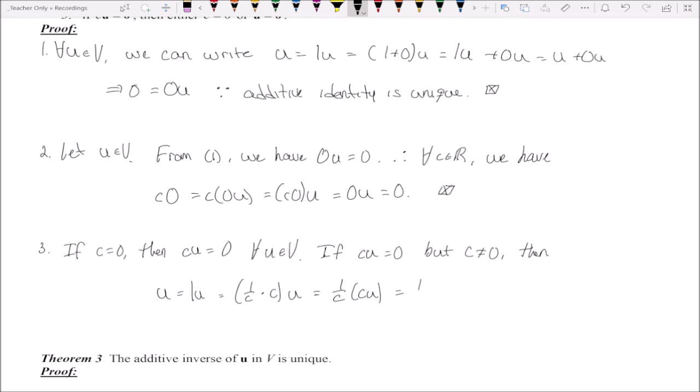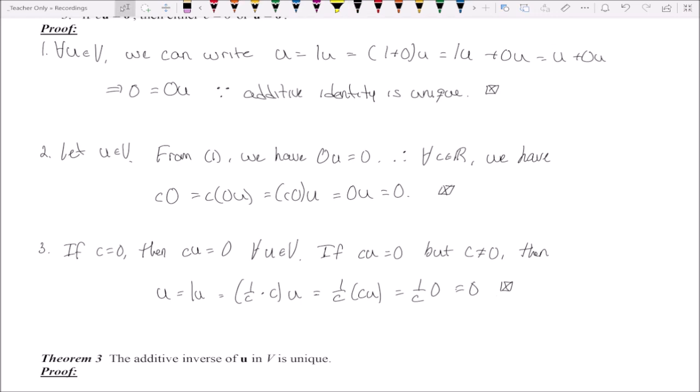But Cu is 0, right? So we have 1 over C times 0, which is just the additive identity. Which is what we wanted. And so all three statements have now been proven.